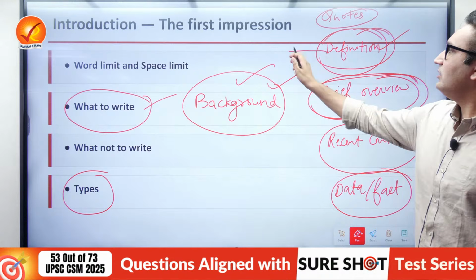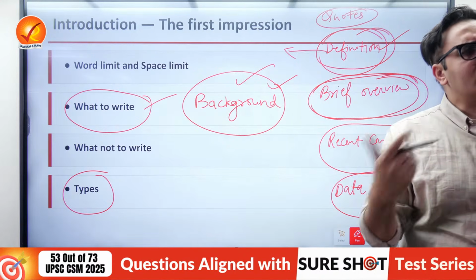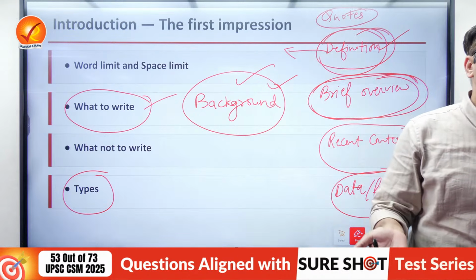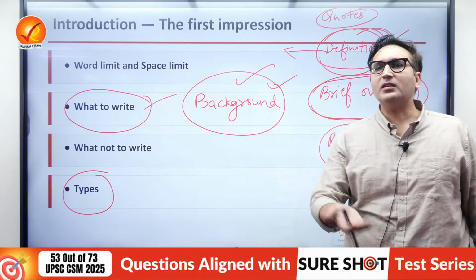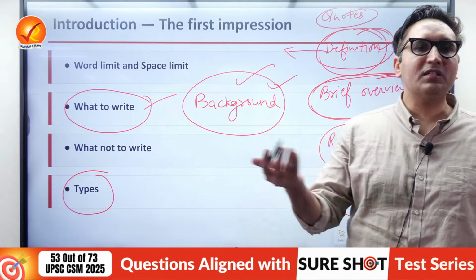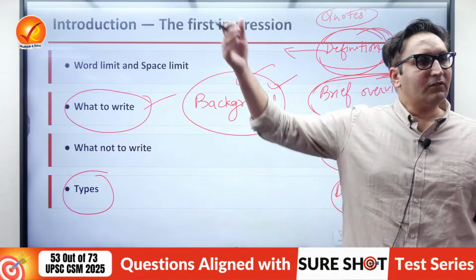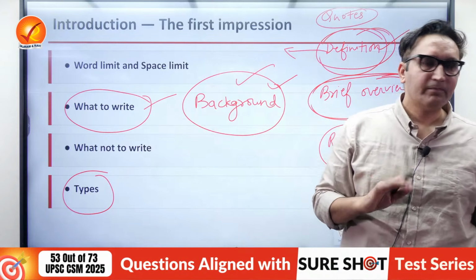Then definition, unless you do not have anything else to write, or you think in this question a definition will be good. Like it is a very static question, there is no context to this question. Say no cyclone came in the last 5 years, yet UPSC asked about cyclones, so let's write the definition then. Otherwise we will give the names of those cyclones which have created havoc, right?